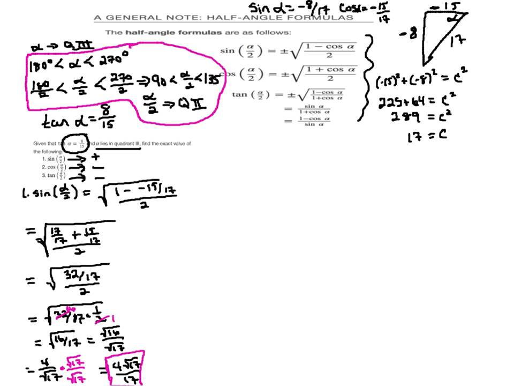Now we have cosine. So the cosine of alpha over 2. And I'm just going to use my formula at the top there. I already know I need the negative of it because cosine is negative in quadrant 2. So this is negative square root of 1 plus cosine alpha.